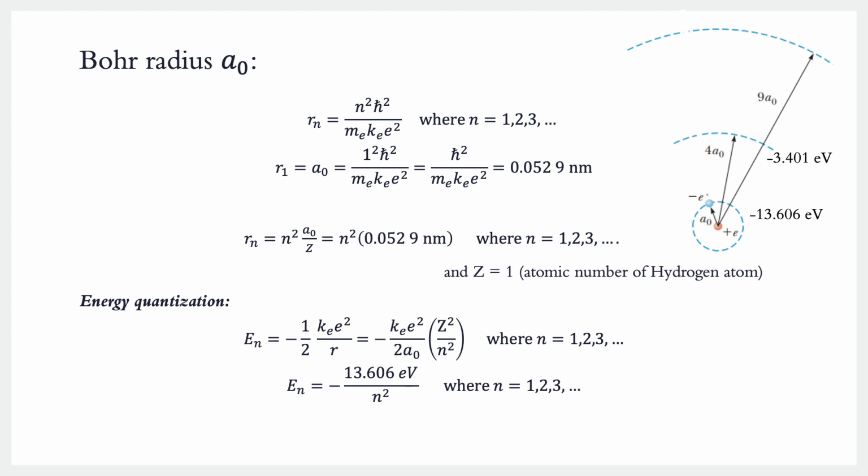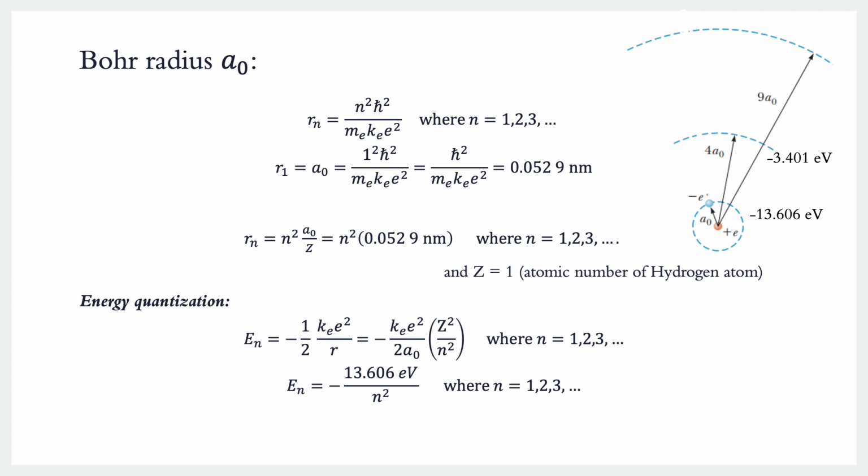E sub n is equal to negative ke squared over 2 a naught times Z squared over n squared. So E sub n is equal to negative 13.606 electron volts over n squared.